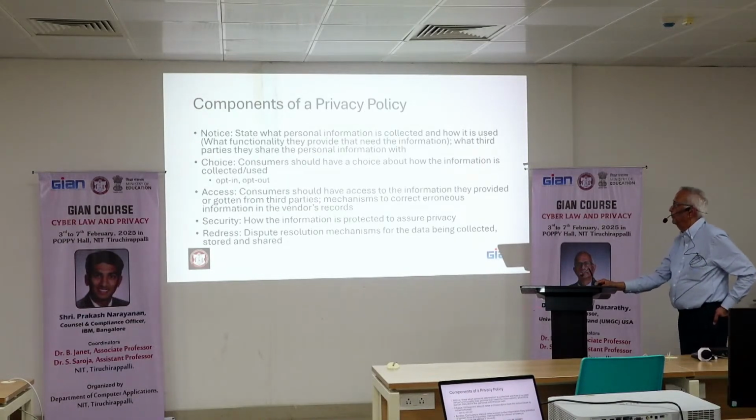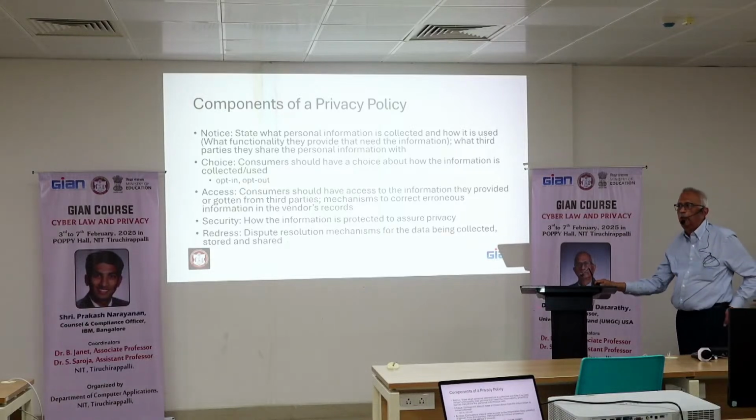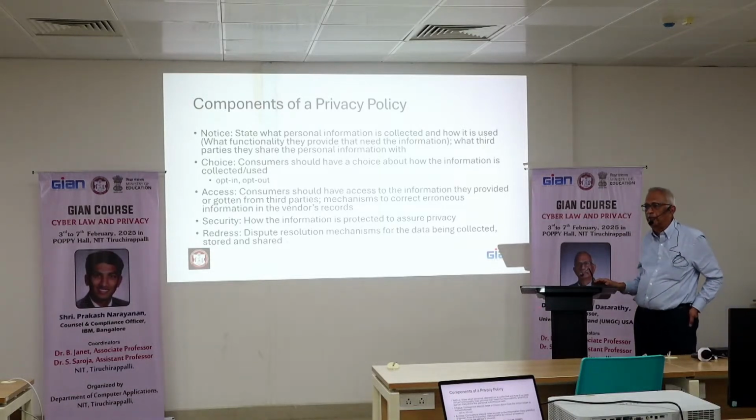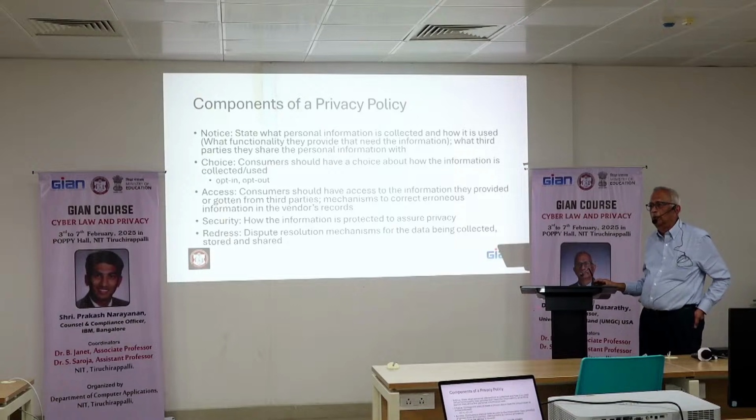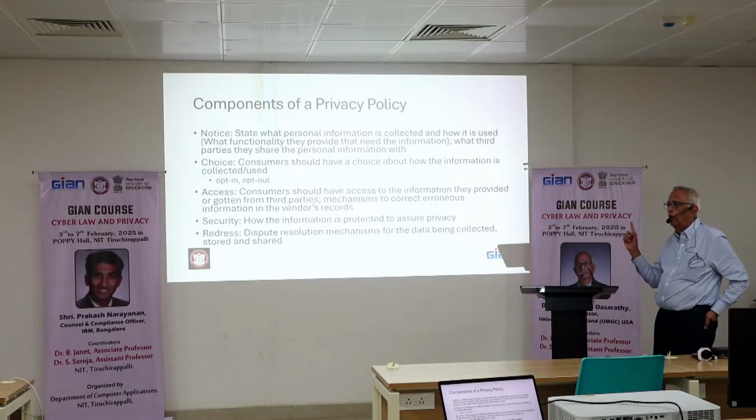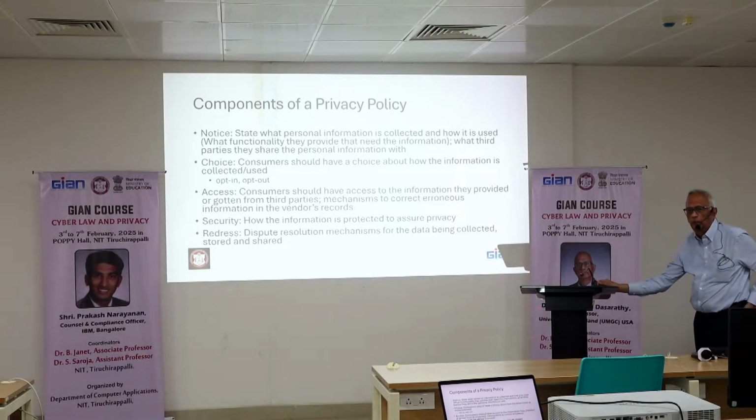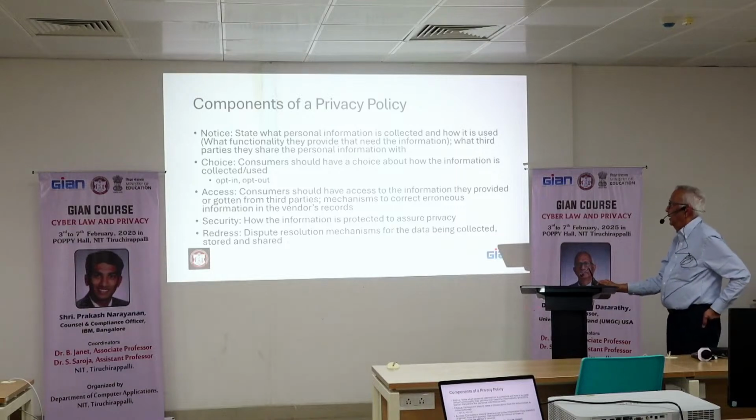Okay, so what are the usual components? If you had a chance to read that paper, you would find a typical privacy policy should have the following components. First is what is called notice.